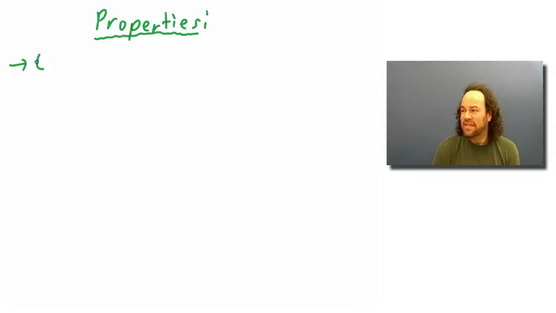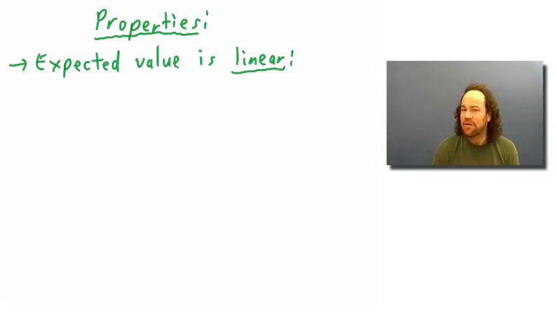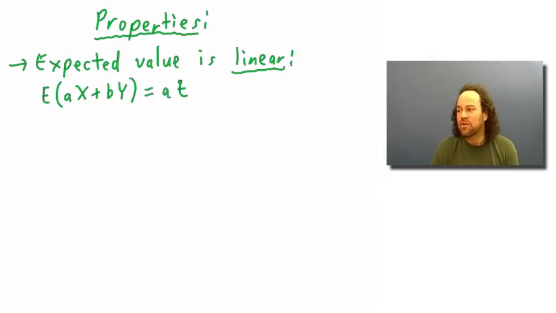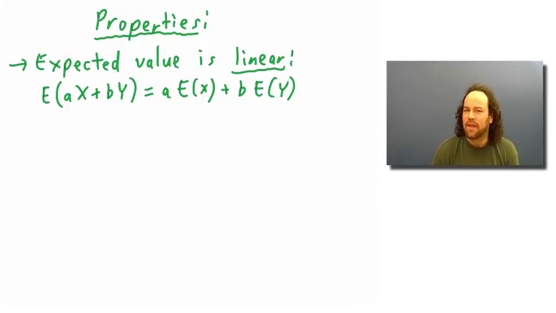Now, these quantities satisfy a few simple properties. The mean, or expected value, satisfies the nice property of being linear. It means if we take any linear combination of two different random variables, say x and y, then the expected value is just the corresponding linear combination of the individual expected values. This will turn out to be helpful to us later on. The variance is not quite as good.